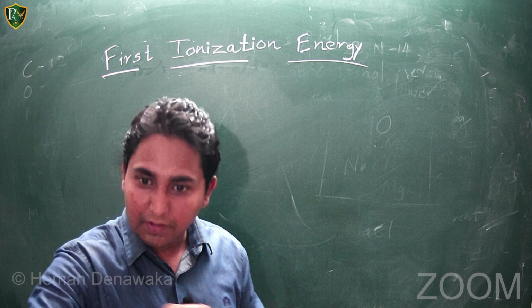There were protons plus neutrons in the center mass, and electrons were revolving around the center mass. And then, since the nucleus, which is the center mass, has protons, which are positively charged, and electrons are revolving.